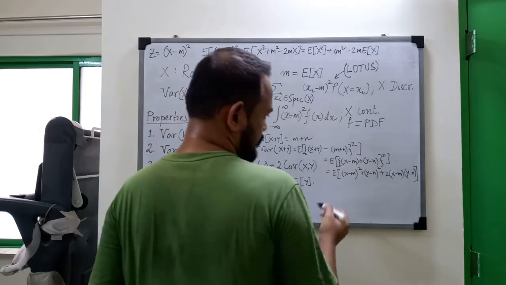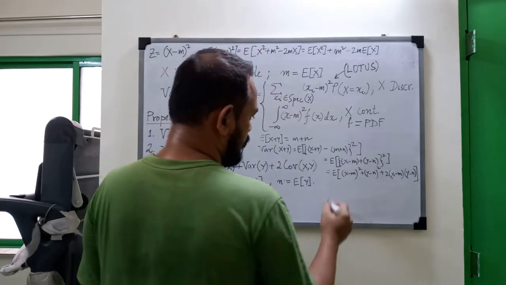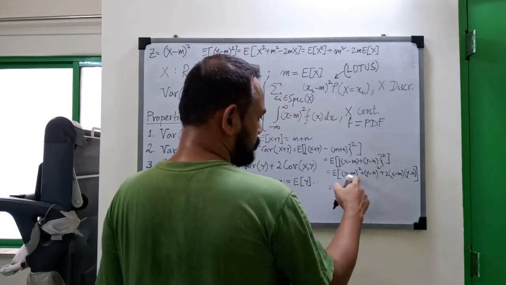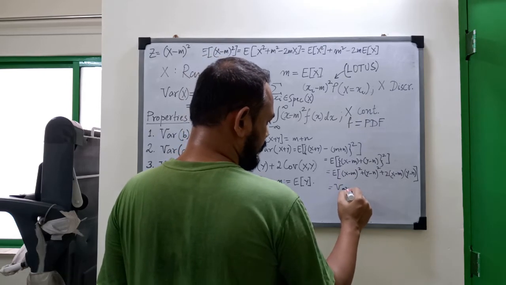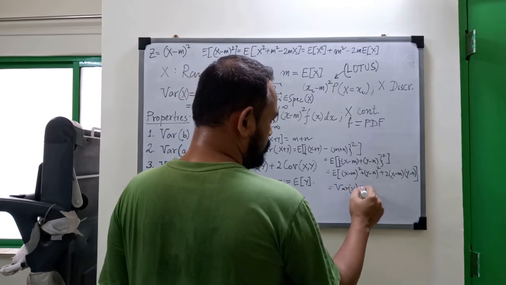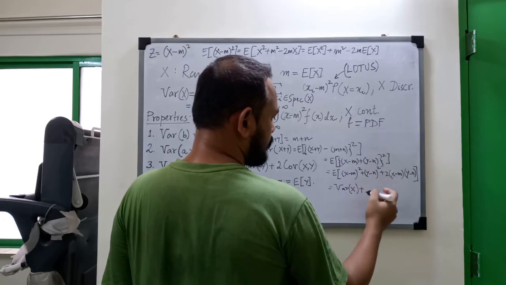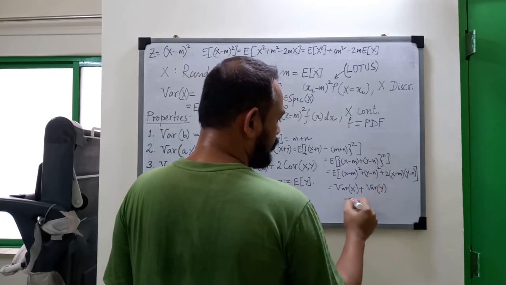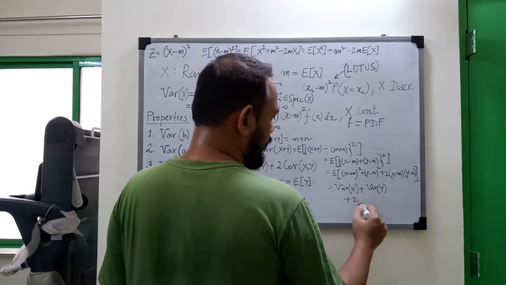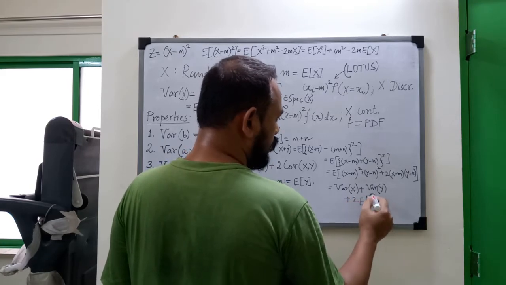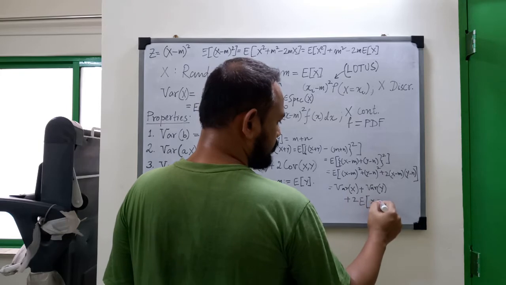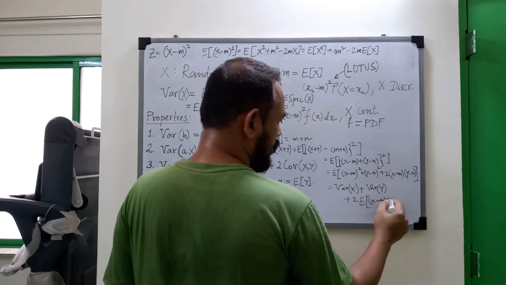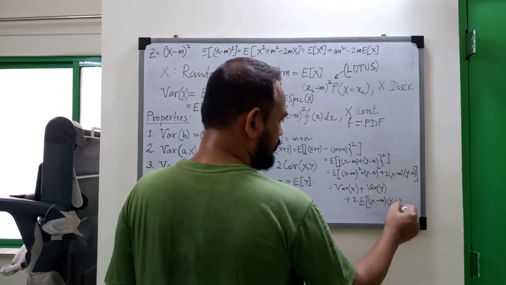And by linearity, you would have expectation of x minus m squared, which is variance of x, plus expectation of y minus n squared, which is variance of y, plus 2 times expectation of this new quantity, x minus m times y minus n.